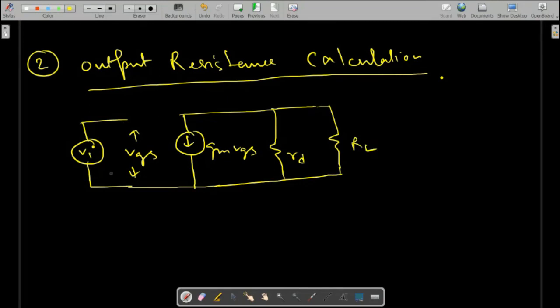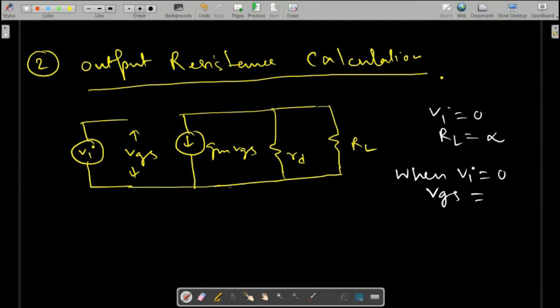For output resistance calculation, we have to follow some steps. There are different techniques to calculate output resistance; I am following the most simplified, basic fundamental technique. So VI will be 0, RL will be infinite. Source will be 0, load will be infinite. If I put VI equal to 0, what will be the value of VGS?